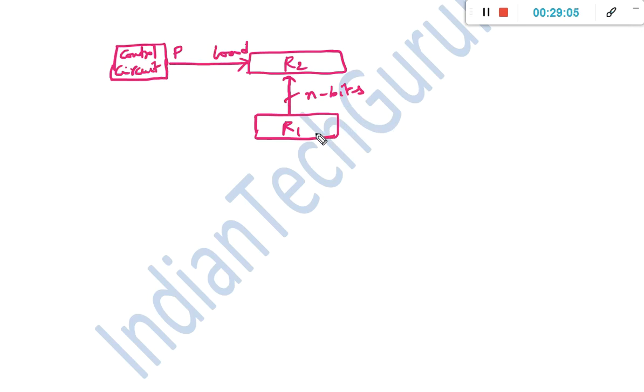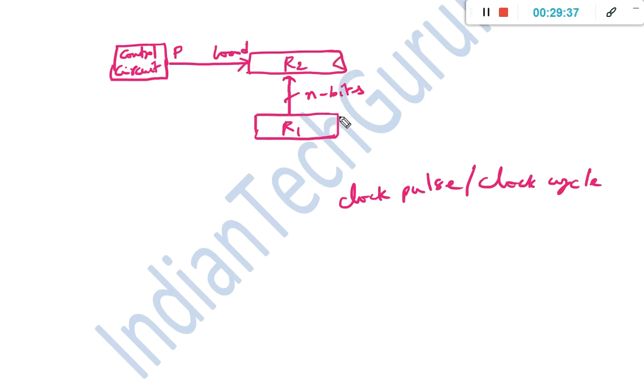In addition to the control circuit, any operation in a computer system must be done using a single clock pulse. We generally say clock cycle. In a computer system, several clock cycles will elapse, so at a particular clock cycle, a particular operation must be performed.